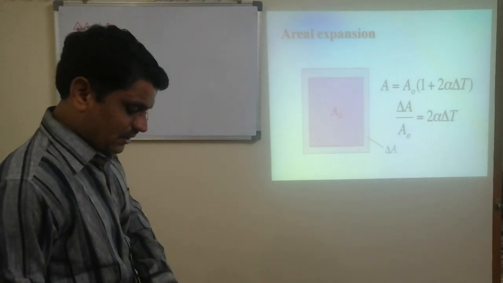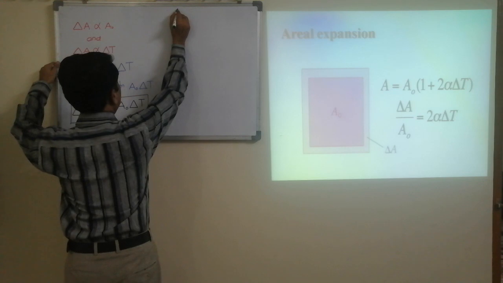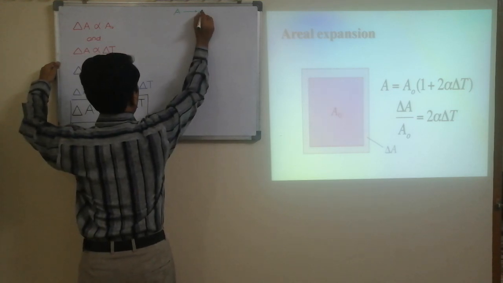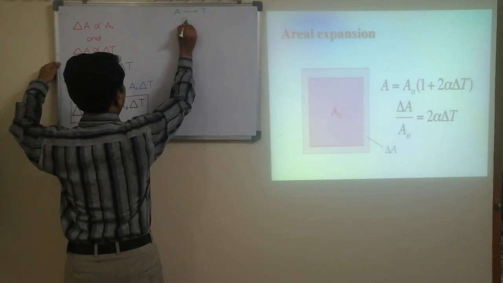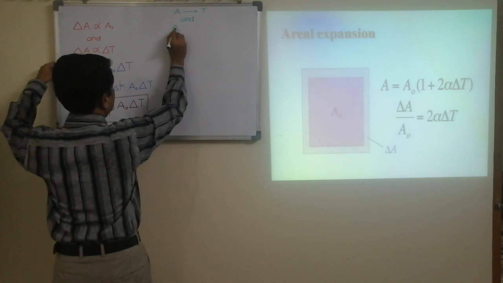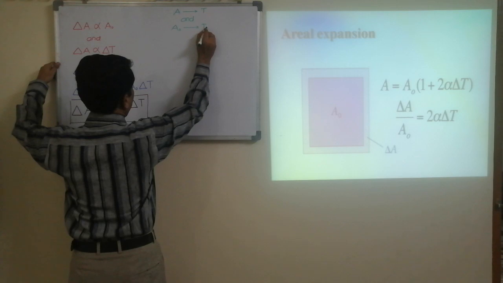Next, see here, suppose A is the area of the body at temperature T and A naught is the area of the body when the temperature is T naught.